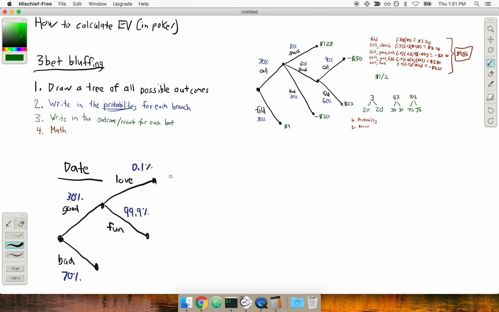So let's just talk about it in happiness points. Let's say that if it's a bad date, you lose 10 happiness points. And let's say if it's a good date and you have fun, you gain 20 happiness points. And economists call this utility, so let's write utility. Or utilons.